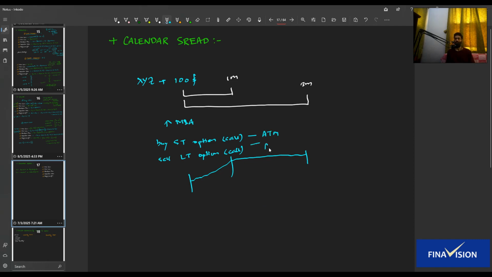That means the strike price in our example in both the cases is $100. So in the long term there is price stability, in the short term there is price spike. So one goes for call option purchase in the short term and selling the long term call option.